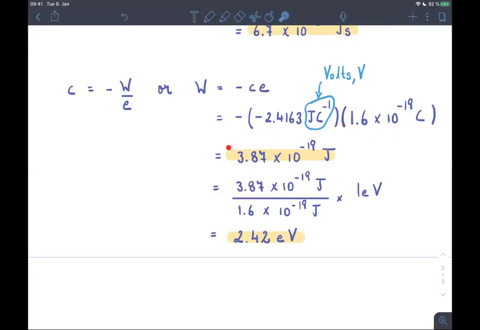So that leaves a value in joules. This is the work function. We can also convert this value into electron volts by dividing by this number. So we can calculate the work function either in joules or in electron volts. So the work function for sodium is 2.42 electron volts.